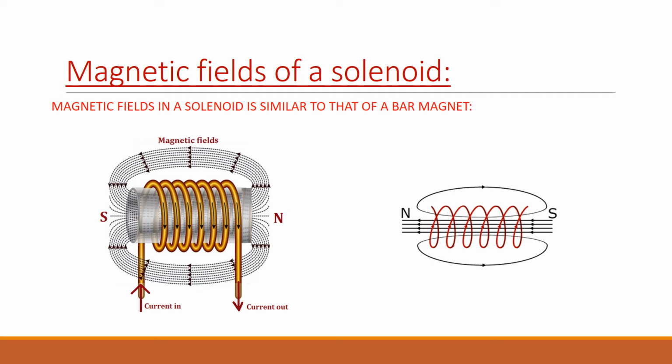Answer: this is because there are very many fields inside the solenoid. The fields are close to each other and the fields are almost uniform. That means they are straight. Are you following? All right, let's move on.